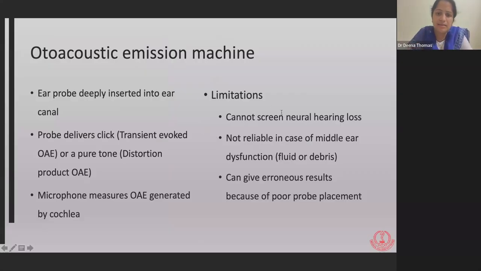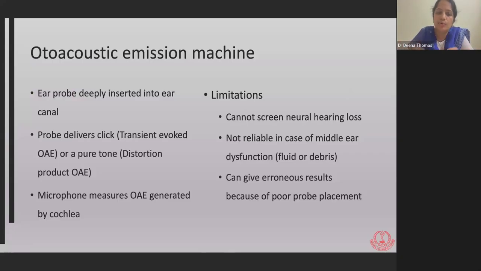Yes, so they are right, this is an OAE machine. So what happens is that the ear probe is inserted into the ear canal. The probe delivers a click or a pure tone. A click is a loud, broad sound.